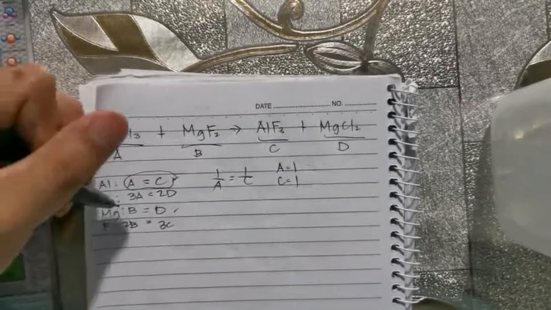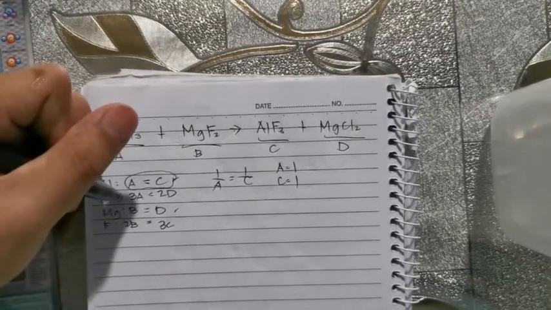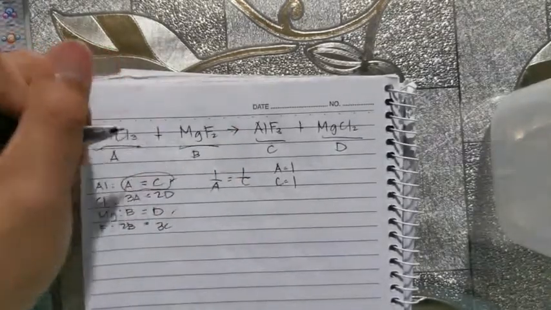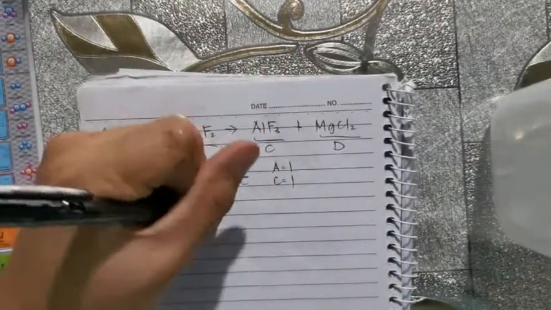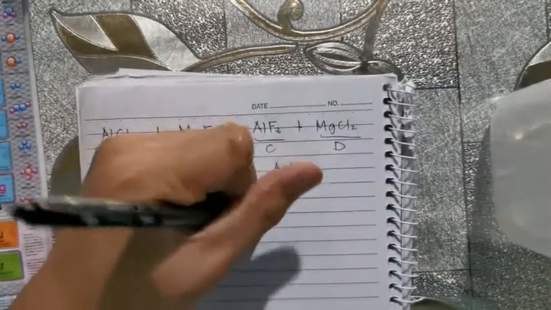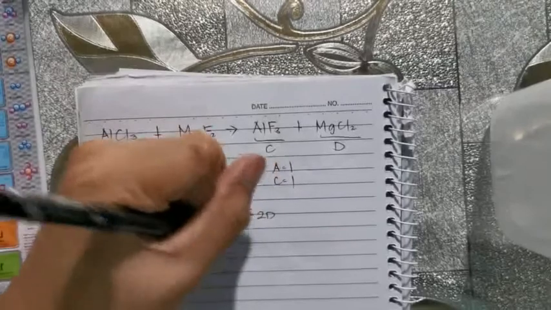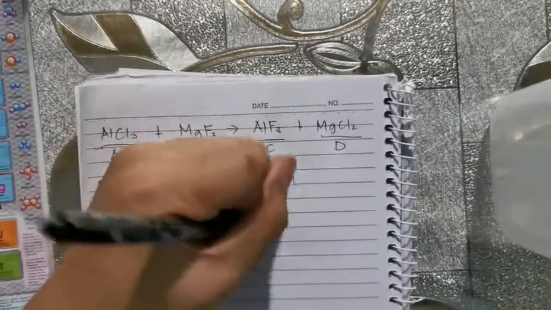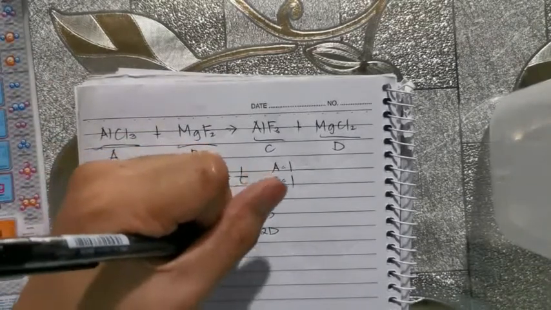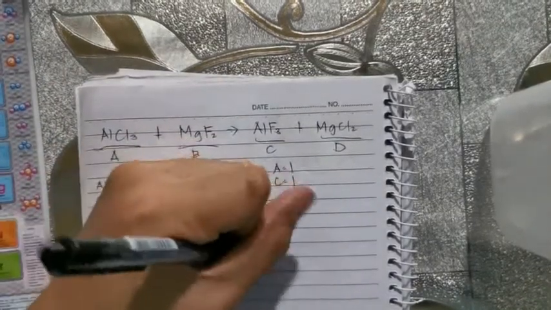So, unahin natin si 3A is equal to 2D. Hanapin natin yung D. So, 3A is equal to 2D. 3, the value of A is 1. This is 2D. So, this will become 3 is equal to 2D.